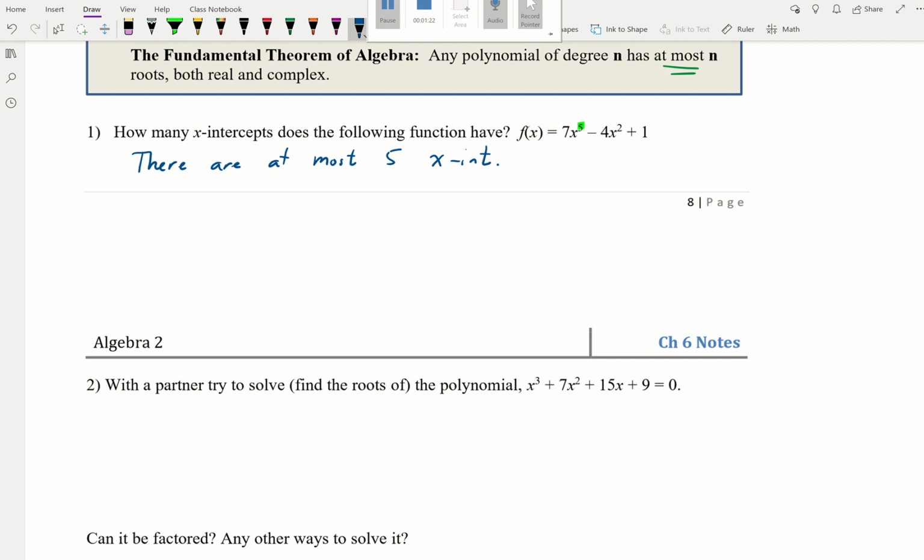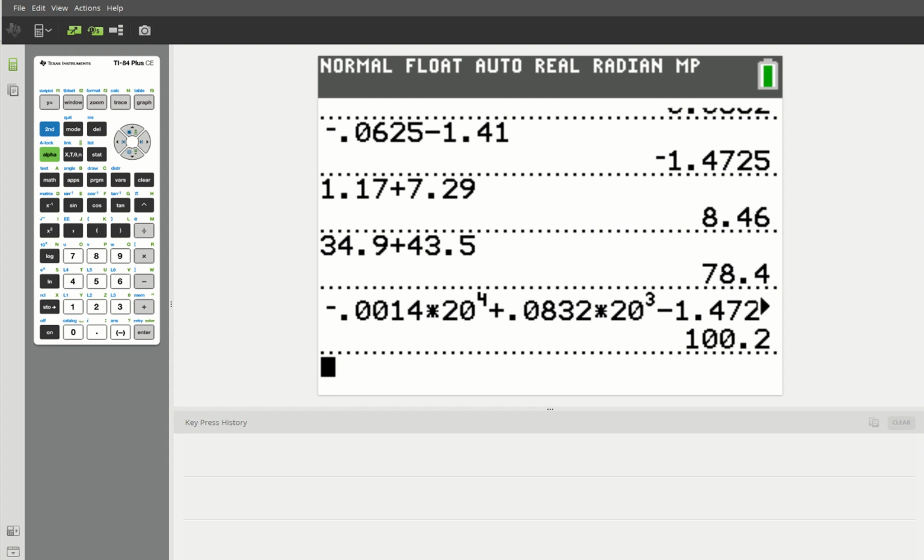But to figure out how many x-intercepts it actually has, we would need some other information. One approach might be to try to factor it, but there's no way we've learned that's going to help. Another option would be to use a graphing calculator and see what the graph looks like, because wherever the graph crosses the x-axis, those are the x-intercepts. So let's pull up a graphing calculator.